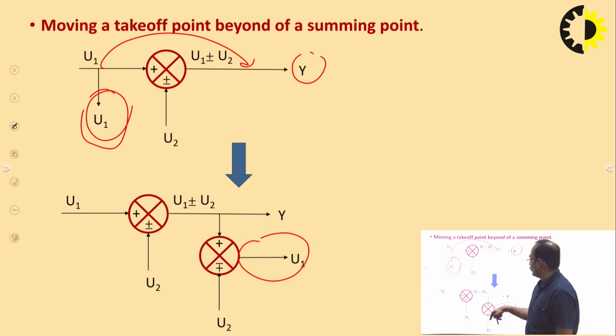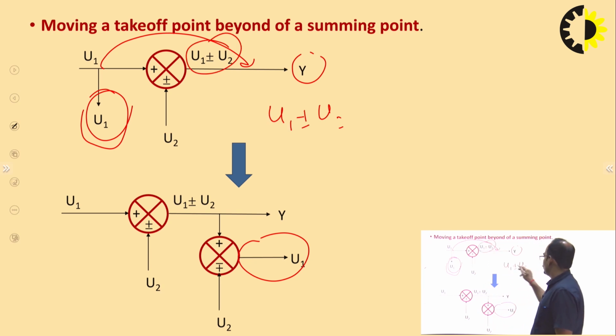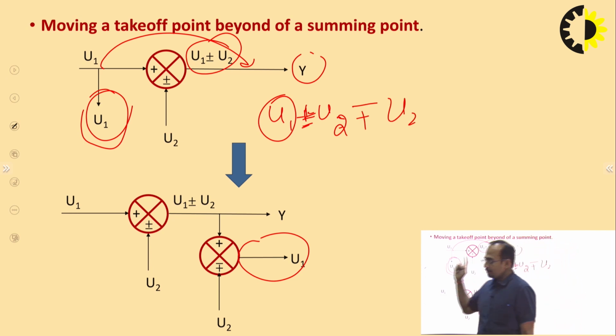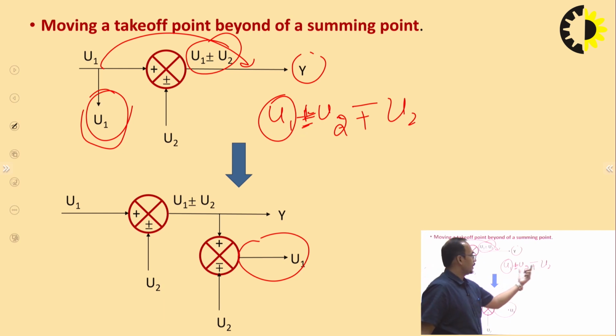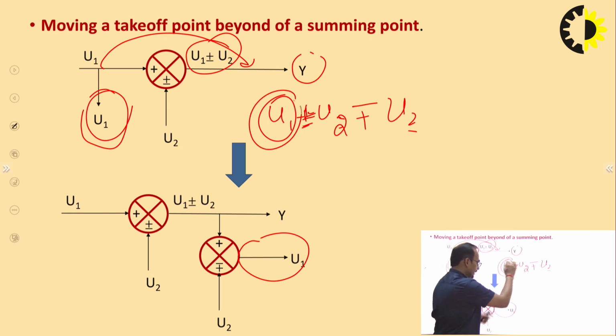For getting this u1, what will I do? I am getting u1 plus minus u2 here, so I will add and subtract for getting this u1. I will subtract and add minus plus u2, so that it nullifies this u2, and I will get u1.